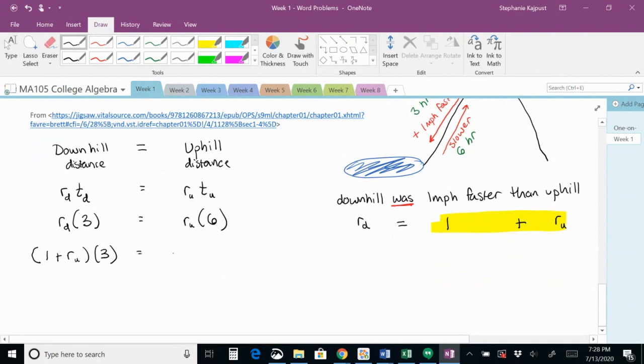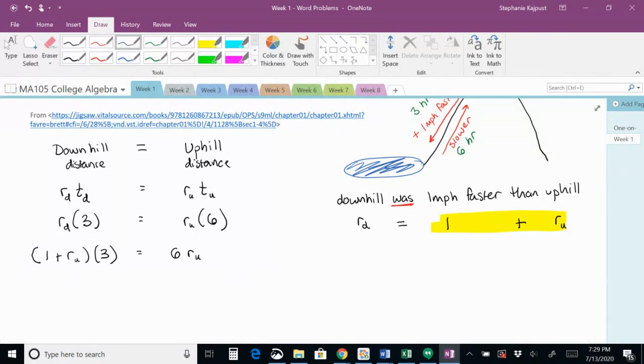And then this RU times 6, I'm going to just rewrite as 6RU. Some people want to get rid of the U at this point and just leave it as R. But I like to leave it with the subscript, so you don't get confused on which speed you found. Some people like to use different letters, but then I get confused. I'm like, what were X and Y? I want to keep them as rates, so that's why I use subscripts here.